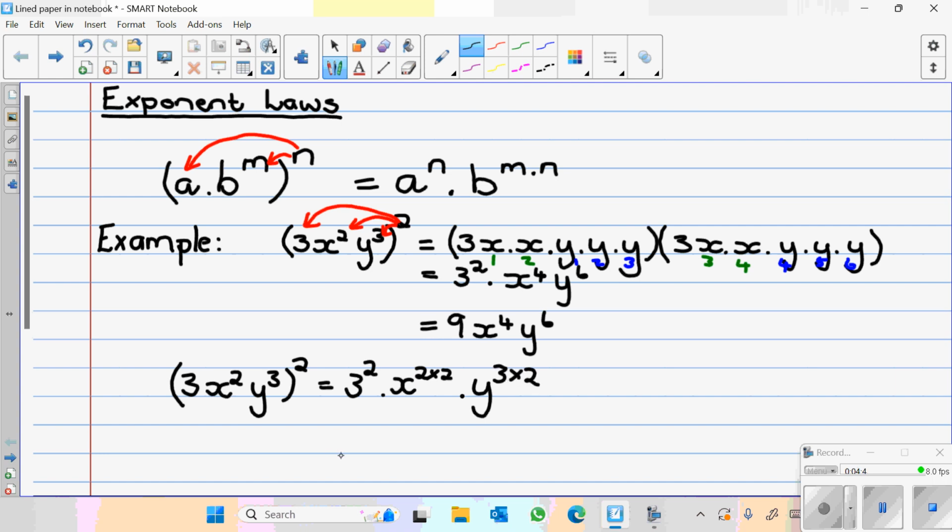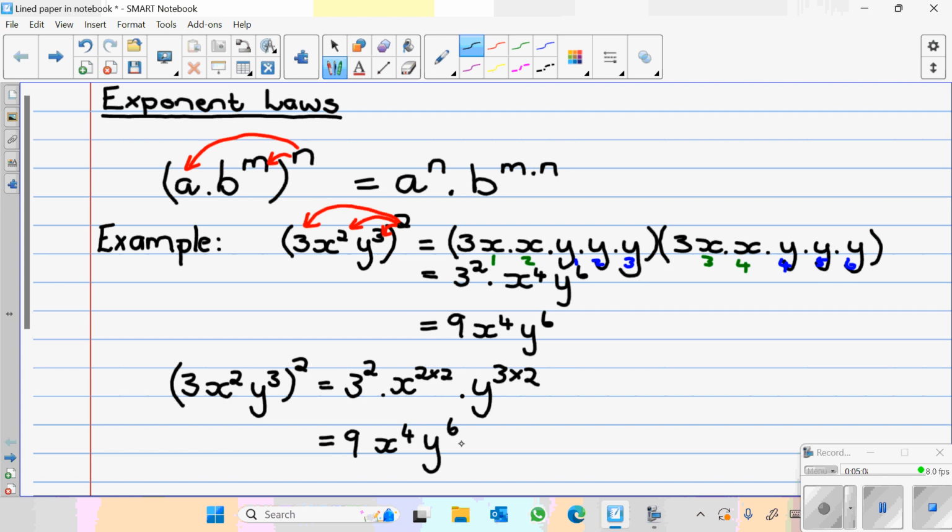And that gives me the same answer. So it's much easier and much shorter to do it with the exponent laws than to actually go and write out every bracket and every ground number, the number of times that it is multiplied.